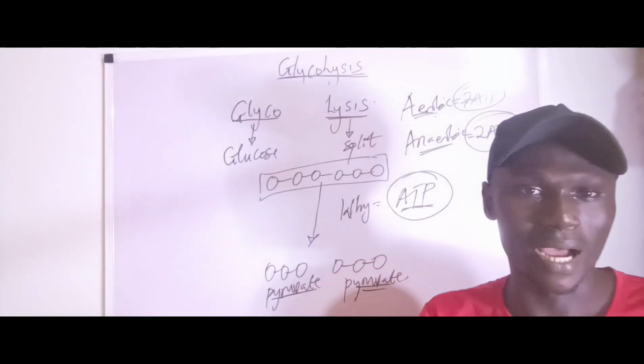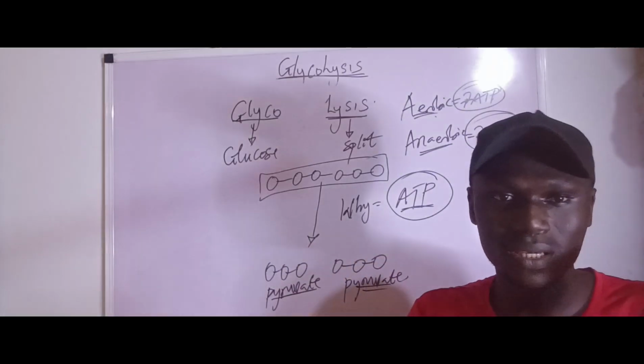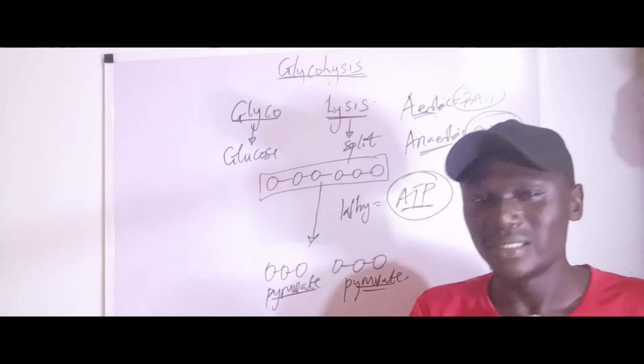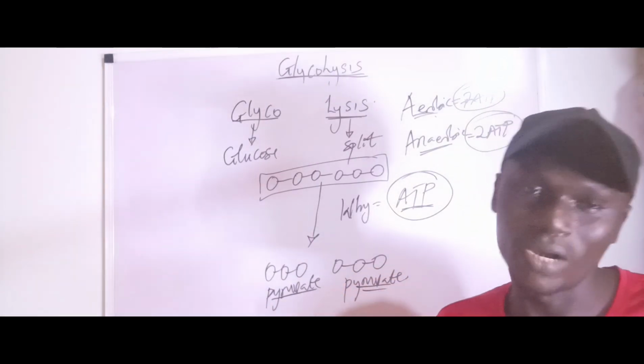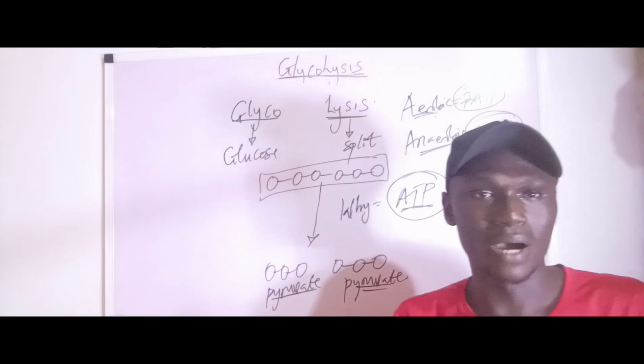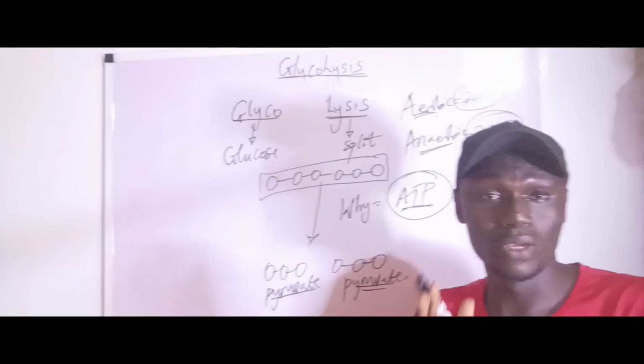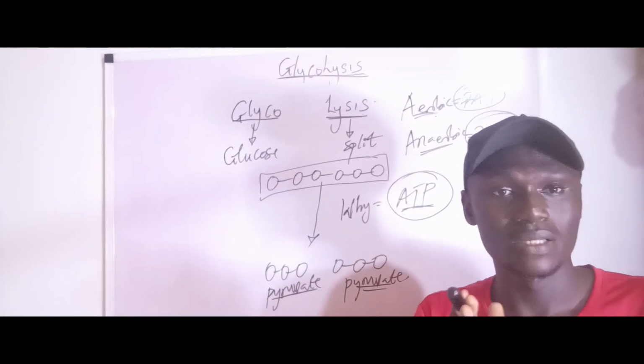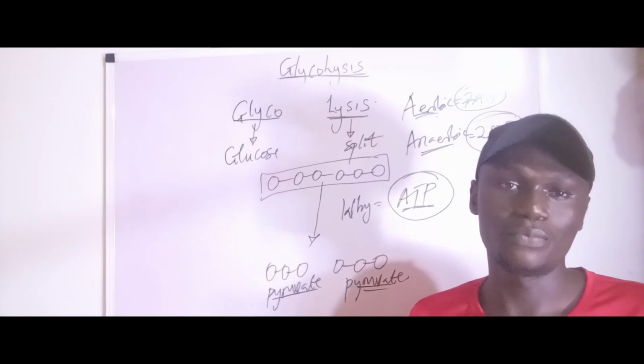The reason for doing that is ATP generation. How many ATP we get depends on the type of glycolysis: aerobic glycolysis gives 7 ATP, and anaerobic glycolysis gives 2 ATP.